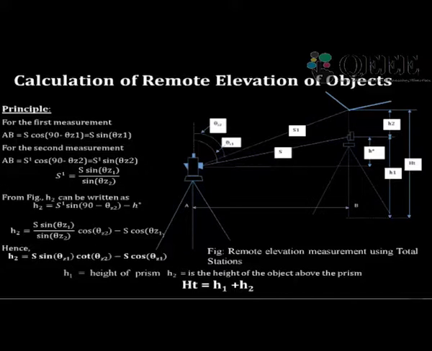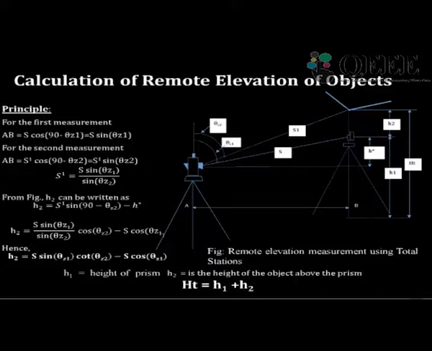That is equal to S dash into cos of 90 minus theta Z2, that is equal to S dash into sine of theta Z2. So S dash is equal to S sine theta Z1 divided by sine of theta Z2.